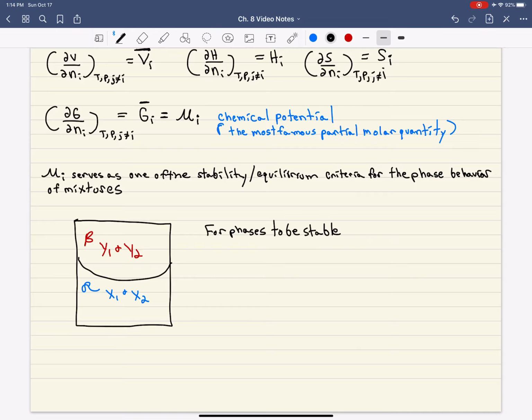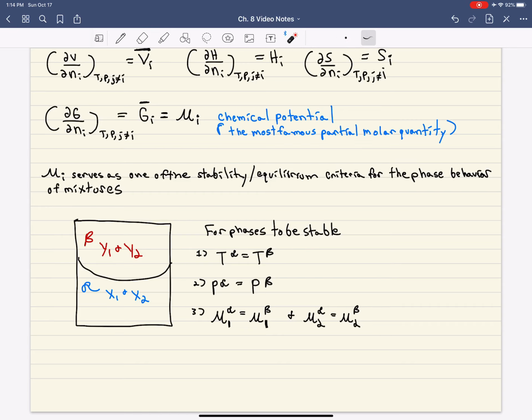your equilibrium criteria would be this: that the temperature of the alpha phase is equal to the temperature of the beta phase, the pressure of the alpha phase is equal to the pressure of the beta phase, and then the third criteria would have to deal with the chemical potentials, such that the chemical potential of species 1 in the alpha phase has to be equal to the chemical potential of species 1 in the beta phase, and separately, the chemical potential of species 2 in the alpha phase has to be equal to the chemical potential of species 2 in the beta phase.